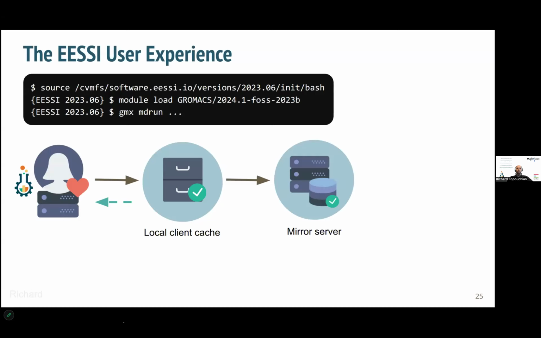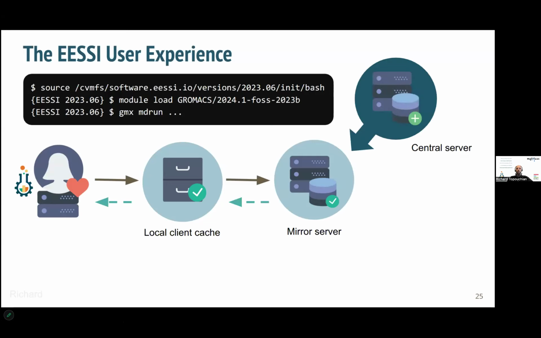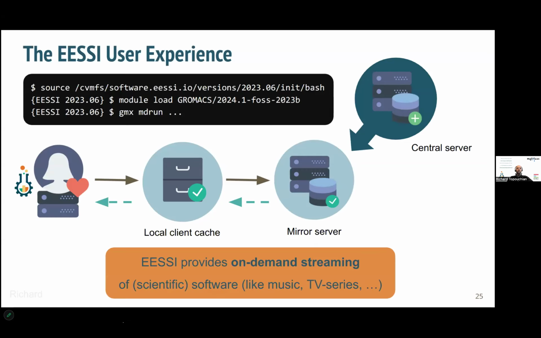If it is not available, it will be searched within the mirror server or the Stratum 1 and then delivered to the client cache and so to the user. It is good to mention that the Stratum 1 server is periodically synced with the central server, or the Stratum 0, where the EESSI scientific software is added. So, EESSI offers on-demand access to scientific software, much like how streaming services deliver music or TV series.